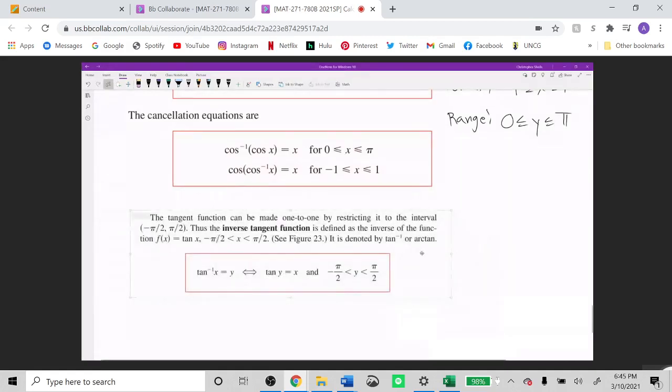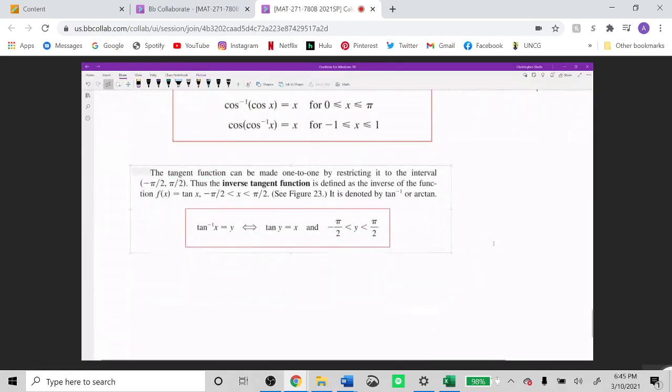The tangent function can be made one-to-one, and the whole point of restricting these domains and ranges is these functions oscillate, so we have to restrict their domains and ranges in order to define an inverse function. Otherwise, they wouldn't pass the horizontal line test. There's a lot of good reading about these things in the text as well. And if you need some extra review on that, I can link you to the 172 text. That's free.